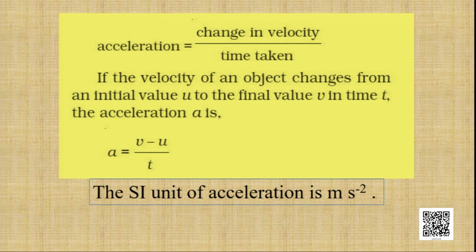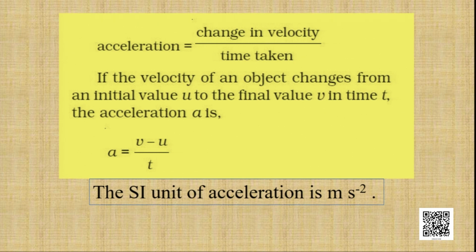That means if the velocity of an object changes from an initial value u to a final value v in a time t, then the acceleration, represented as a, can be calculated as (v - u) / t. That means the final velocity subtracted by the initial velocity, divided by the time in which the change has taken place.